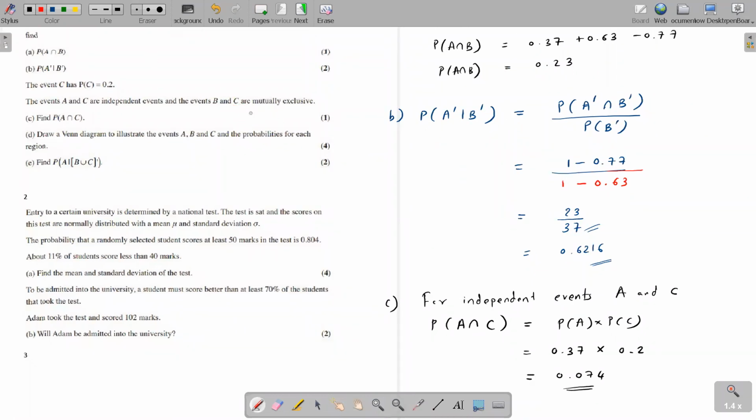Then the next one: draw a Venn diagram, and they say B and C are mutually exclusive. What do you mean when two events are mutually exclusive? B union C is equal to probability of B plus probability of C, right?